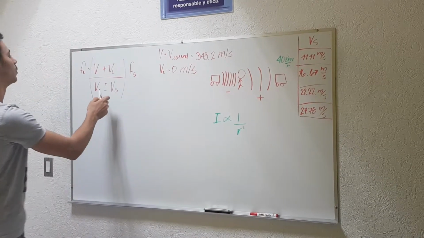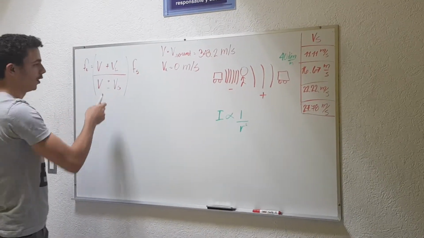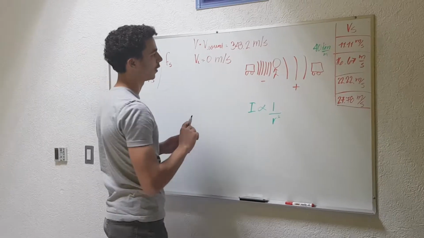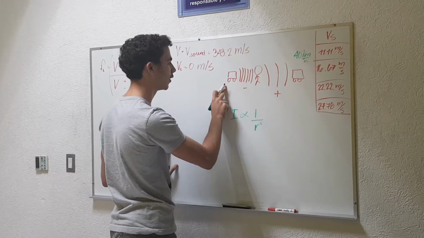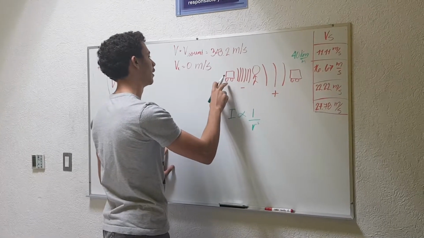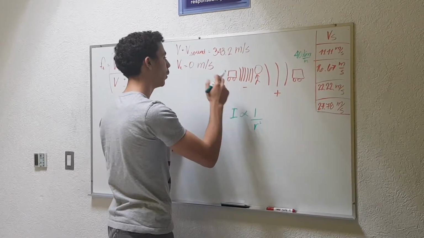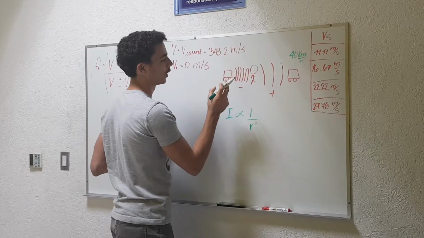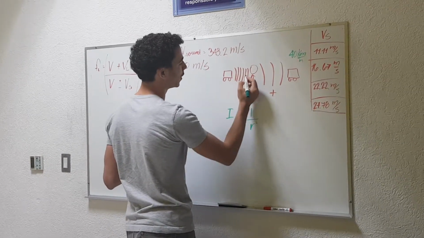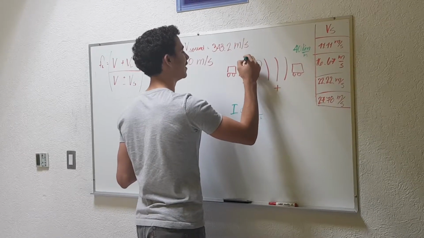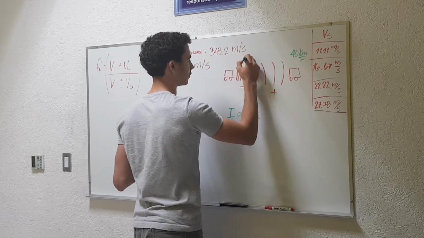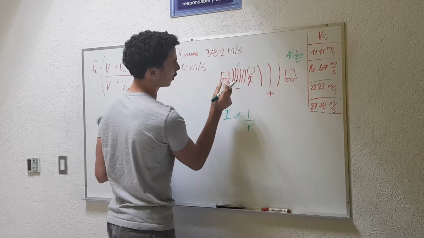And why do we have a plus and a minus here? This comes from the fact that when the car is coming to us with a certain speed, the waves are being dragged closer together, meaning that the frequency that the listener experiences is higher because the waves are closer.